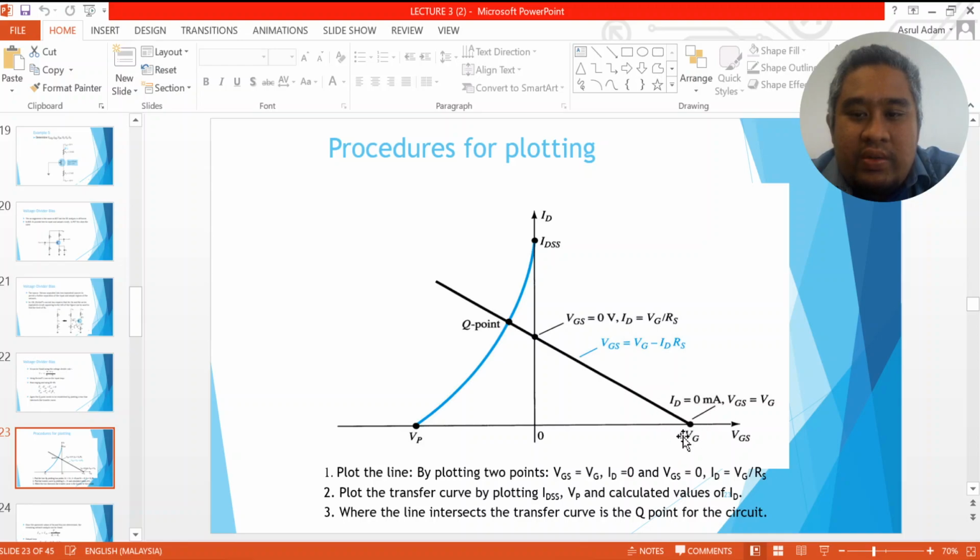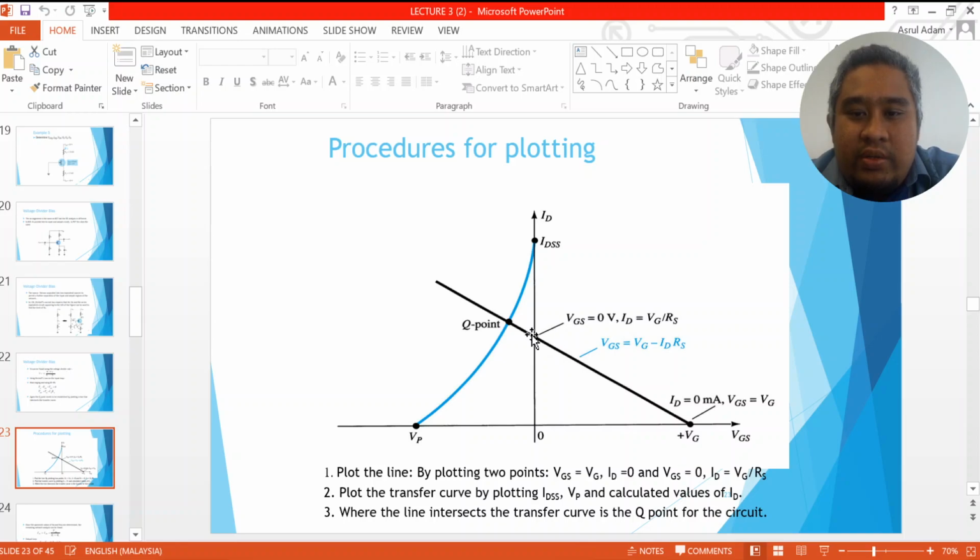The first point: when ID equals 0 mA, our VGS equals VG, so we get this point. The first point is actually equal to VG.